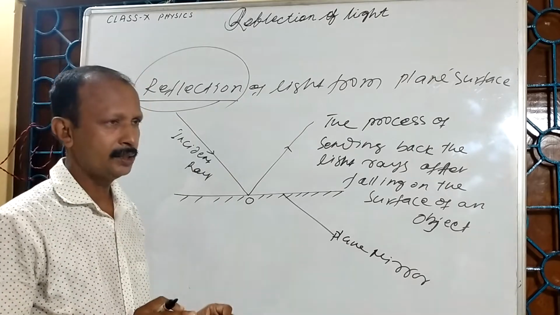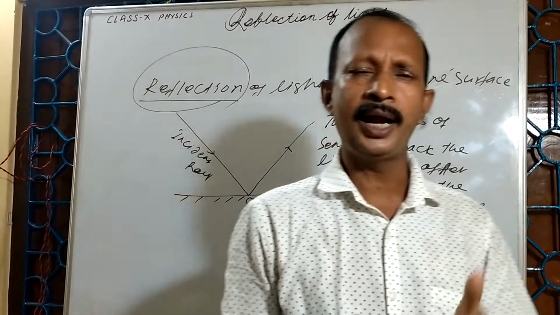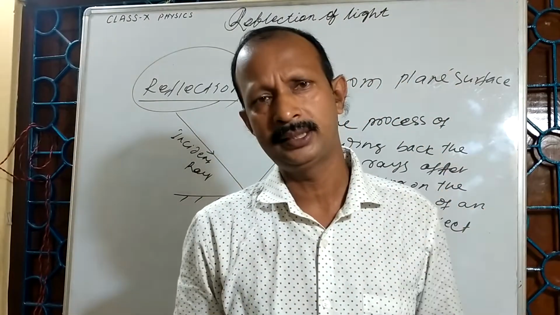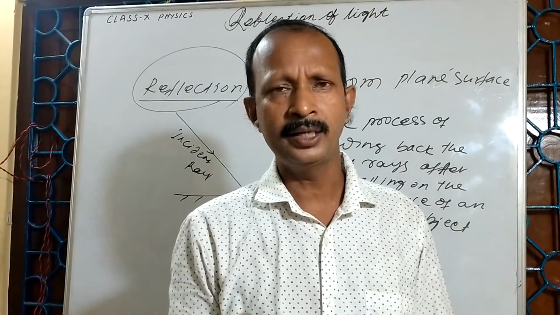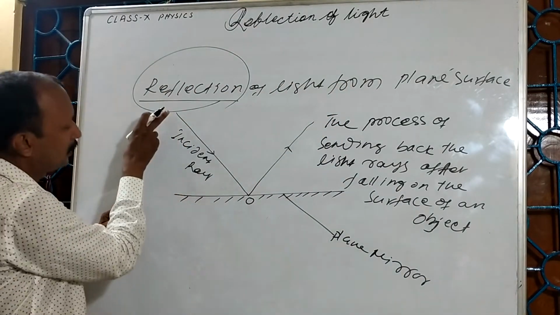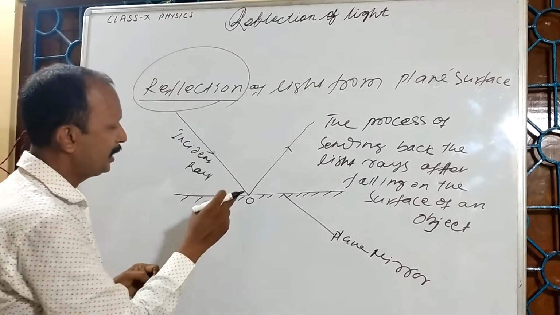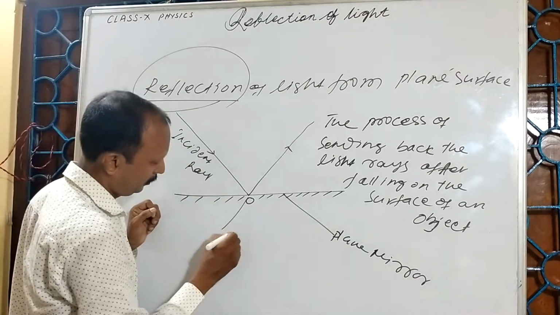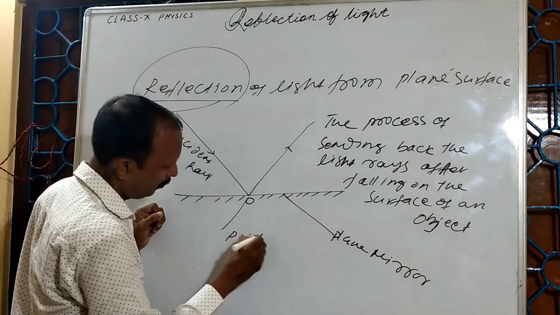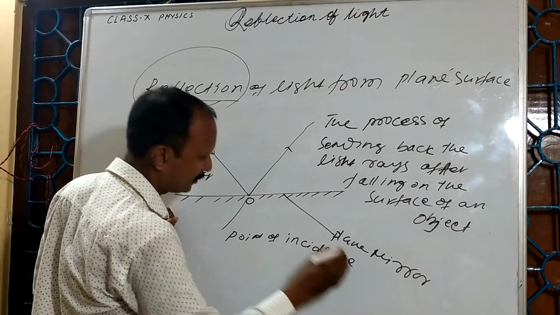Okay, so a single light ray, the path along which light travels, is called the ray of light. A group of light rays, we say beam of light. So I am using the ray of light. So this is the incident ray. This point is called the point of incidence.